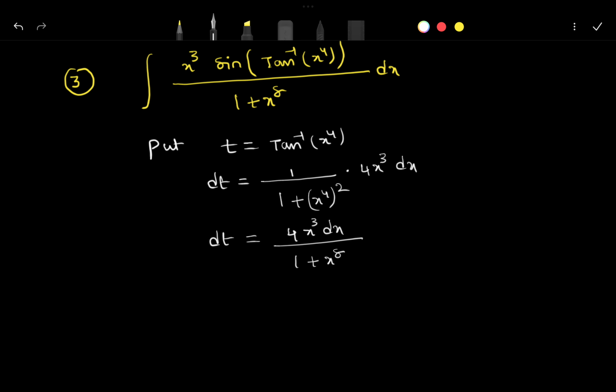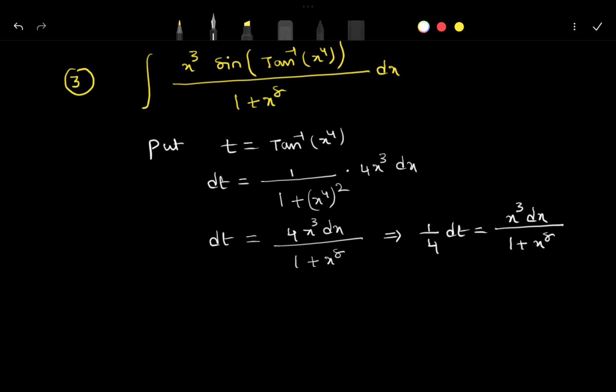Now dividing by 4 on both sides, 1 by 4 into dt equals x cube into dx, whole divided by 1 plus x to the power of 8.